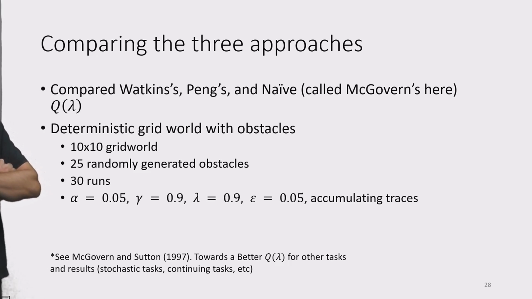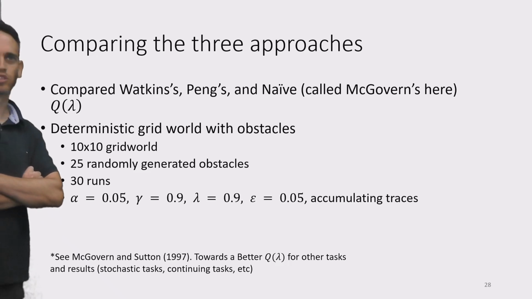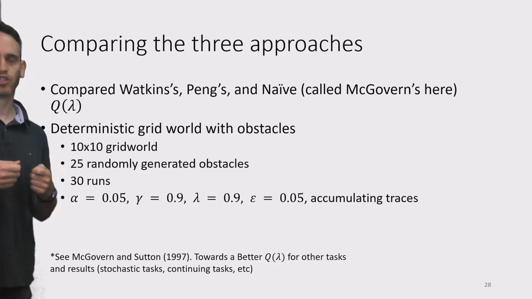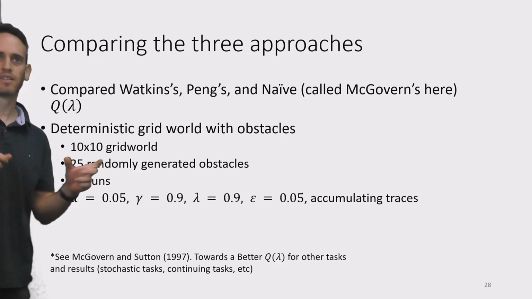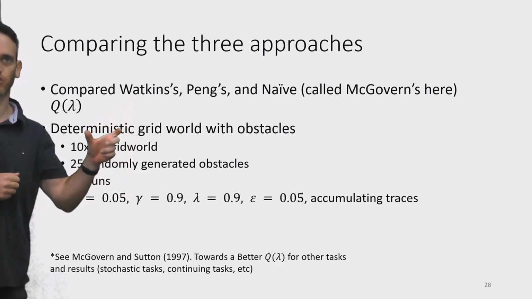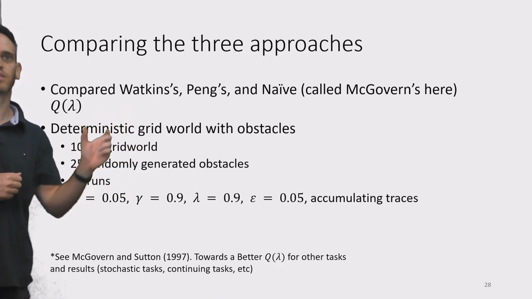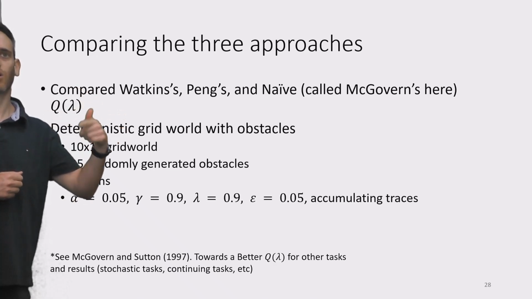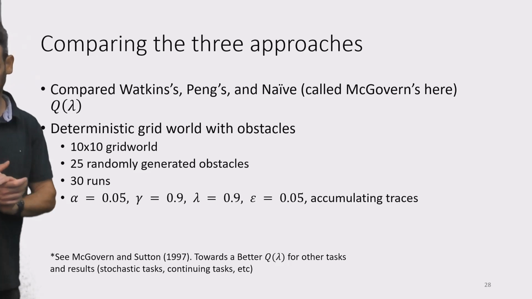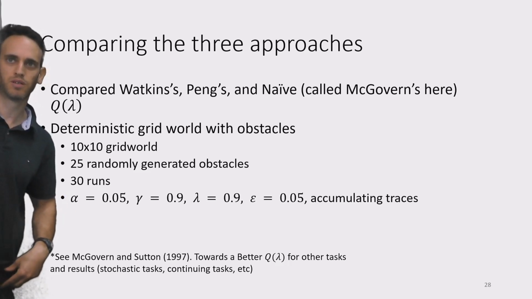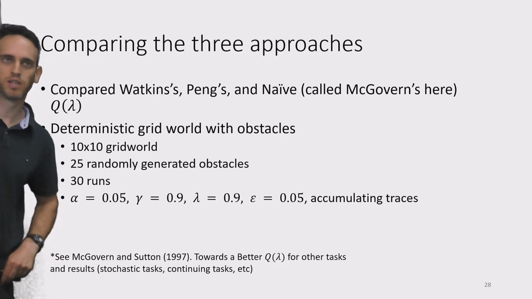We'll see a different approach in a second. Accumulating traces just means that each time we visit a state and action pair, we add the increment that we defined to the current eligibility. So we don't zero out and set it to the initial value, but we always add these values together. I'll show you an example of this meaning, and we'll discuss accumulating traces in a second.